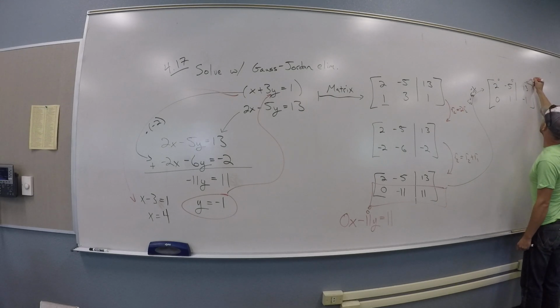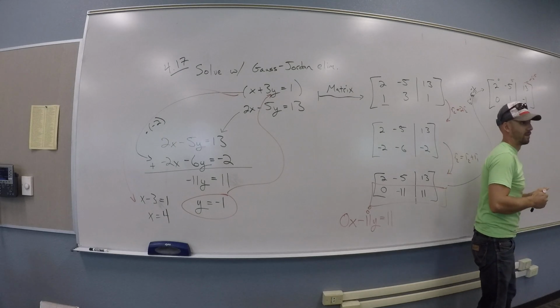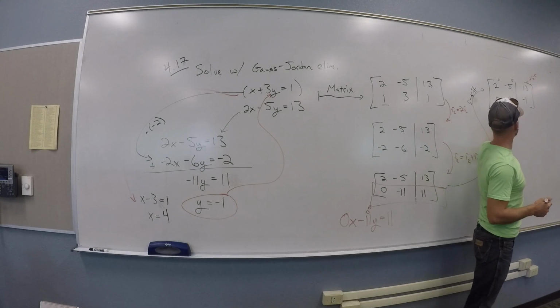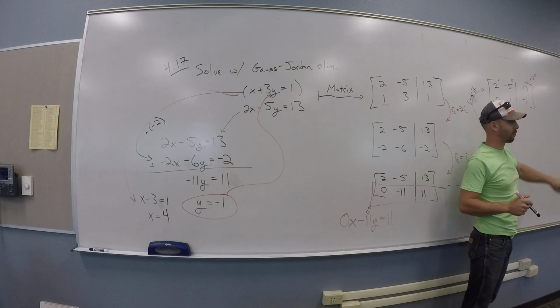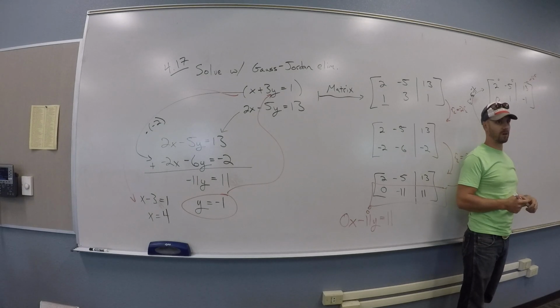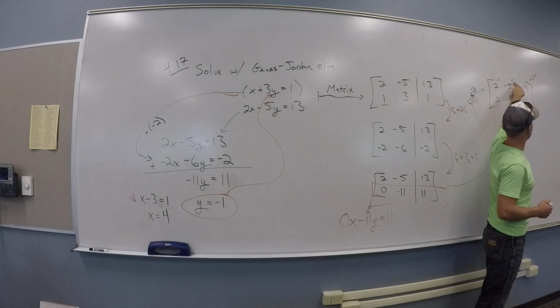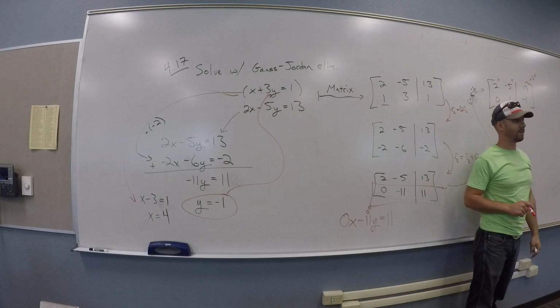Then this guy is me thinking about row 2 times 5. See that? 1y equals -1. This says 0 x's, 1y equals -1. So that's y is -1. This other guy says 5y equals -5.